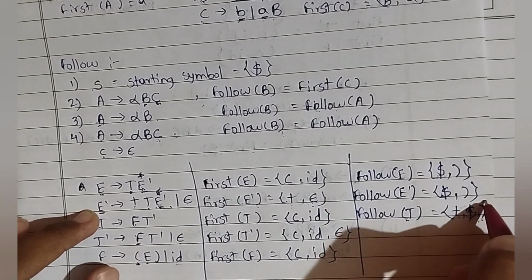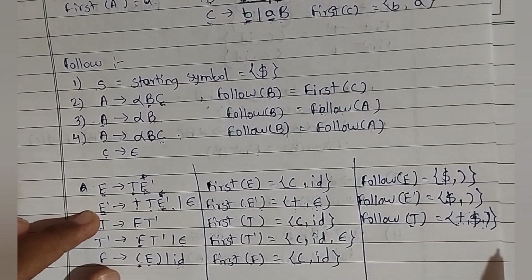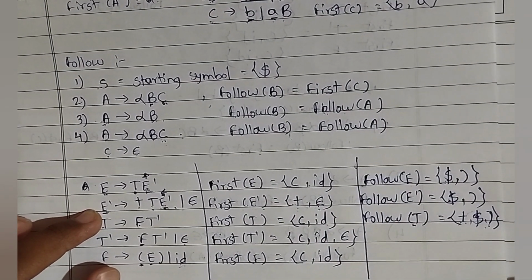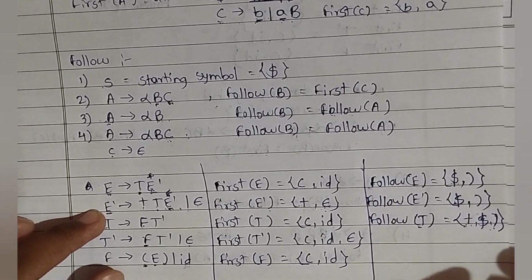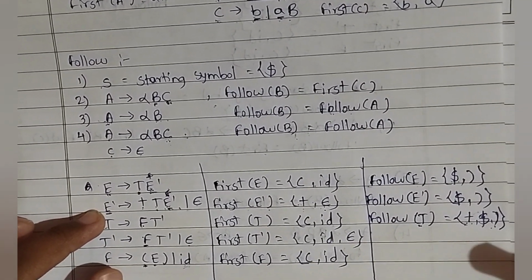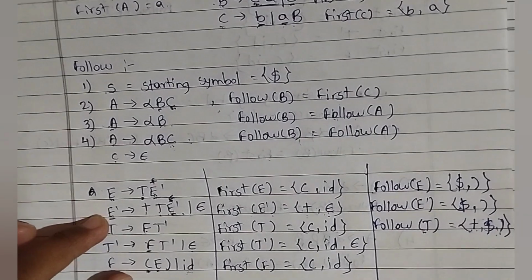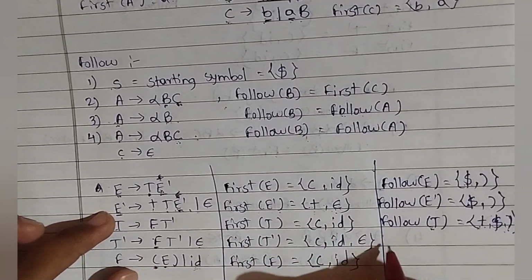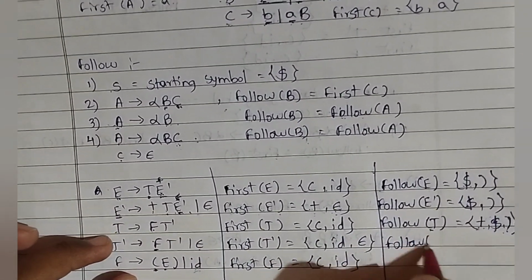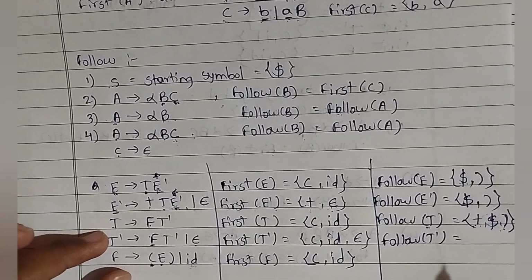So this is the final follow of T. It is a little bit tricky now you think, but if you practice it again and again, then it is too easy to understand.